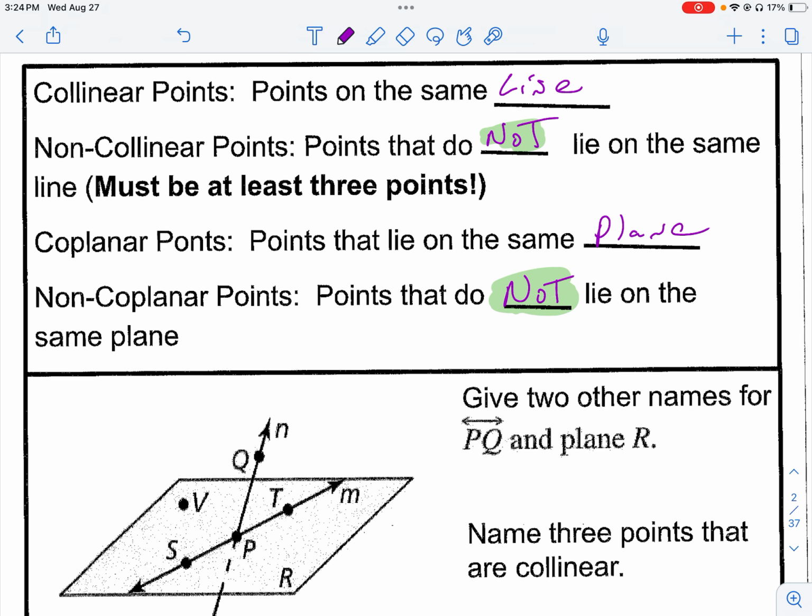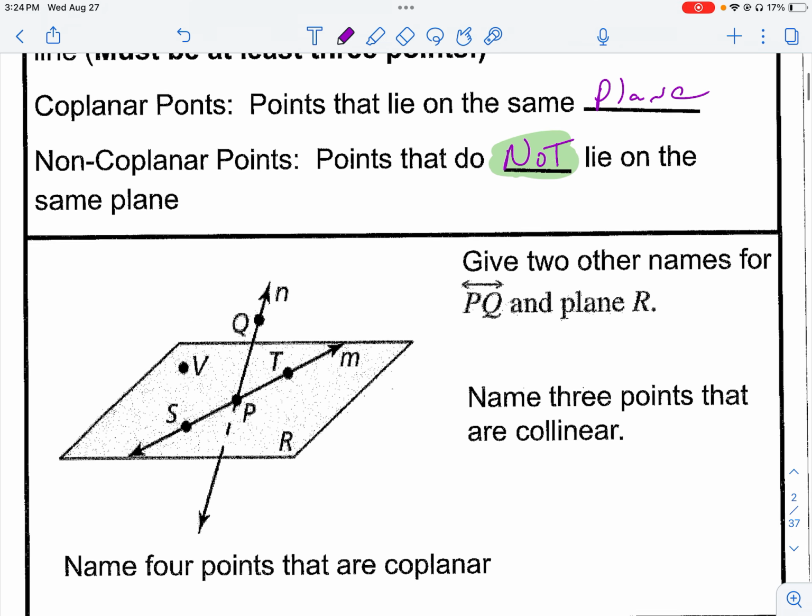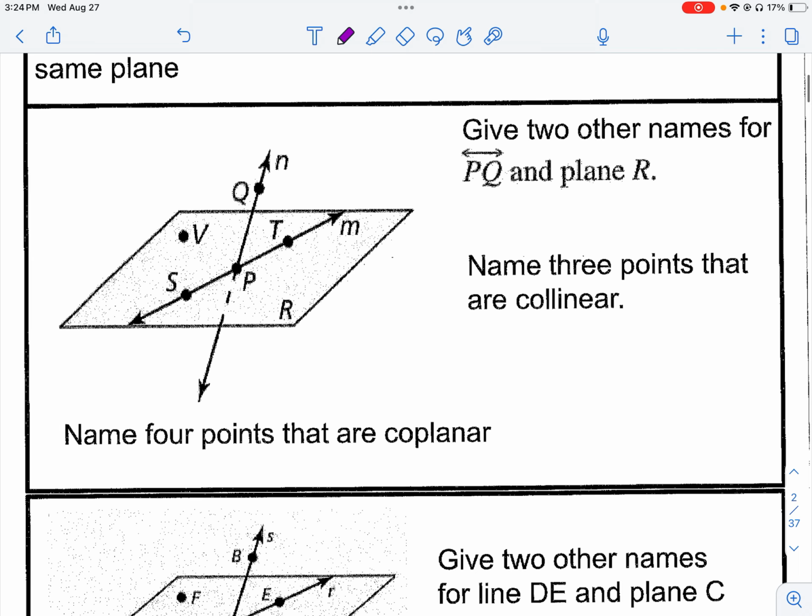And we'll look at some of these things here in just a second, like right now. So let's give 2 other names for line PQ. So line PQ is this line right here. Well, another way we could name line PQ is because we could call it line QP.